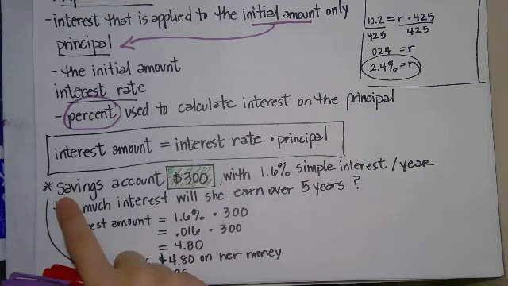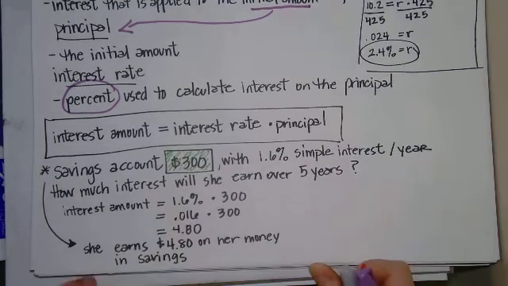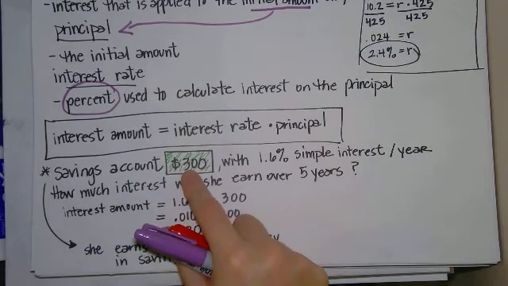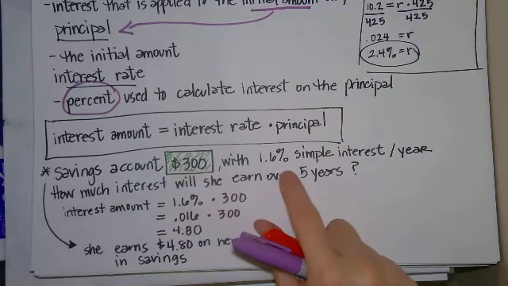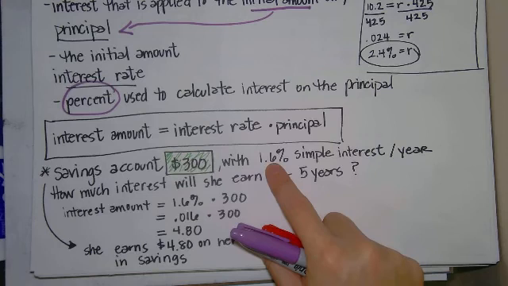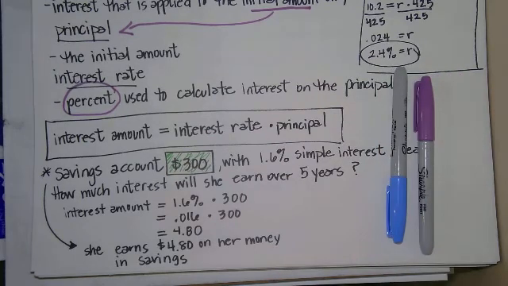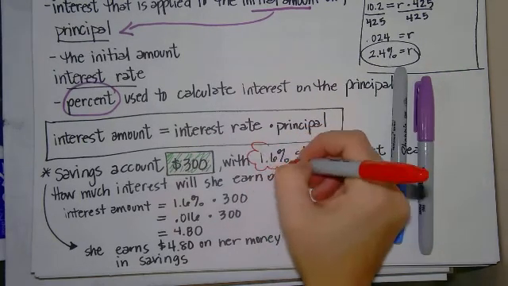An example problem would be this. Let's say that you have a savings account and you put $300 in your savings account, and the interest rate is 1.6%, or 1 6/10%. This is a pretty common interest rate. You might be thinking, whoa, that's so little. You're right.